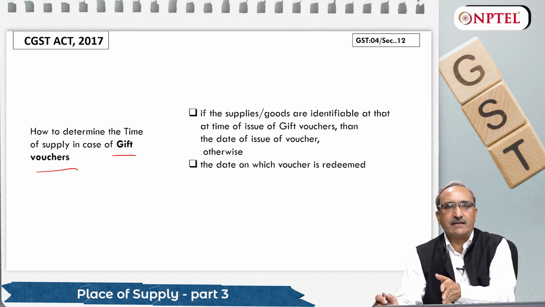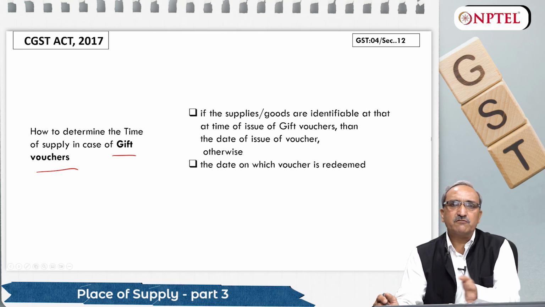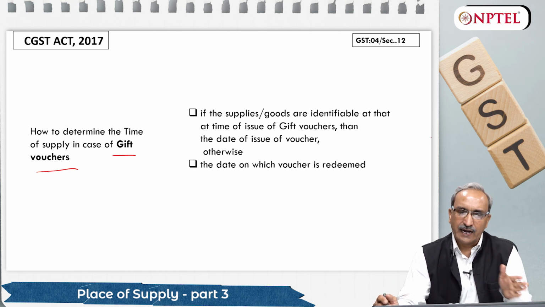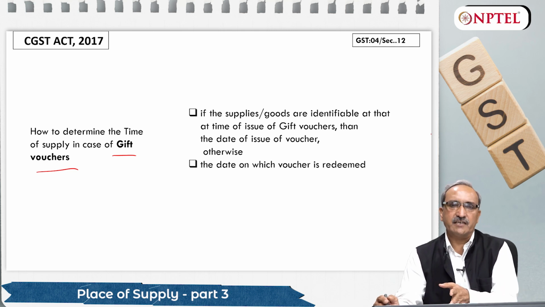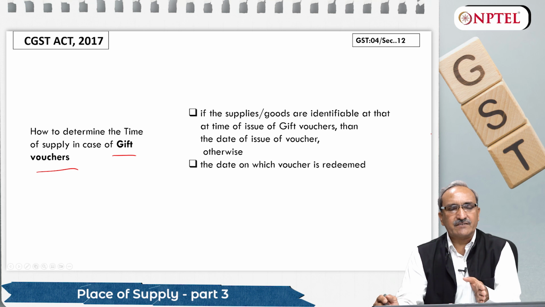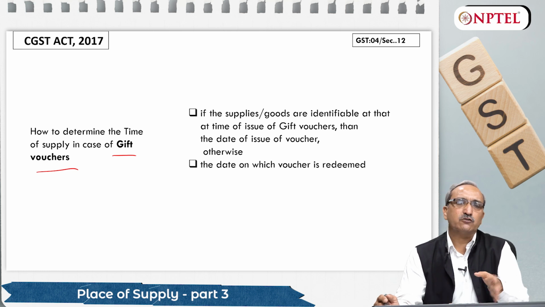Buy one, get one. These types of offers are there in the market, but GST says nothing is free. Buy one, get one free means whenever you are buying the first item, the second is also charged along with it.